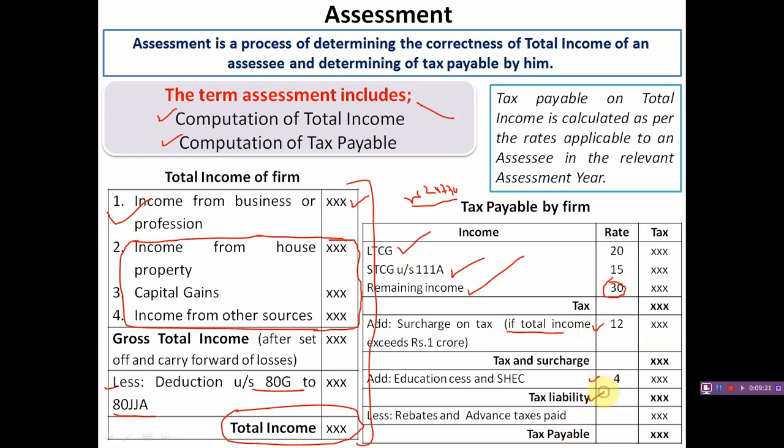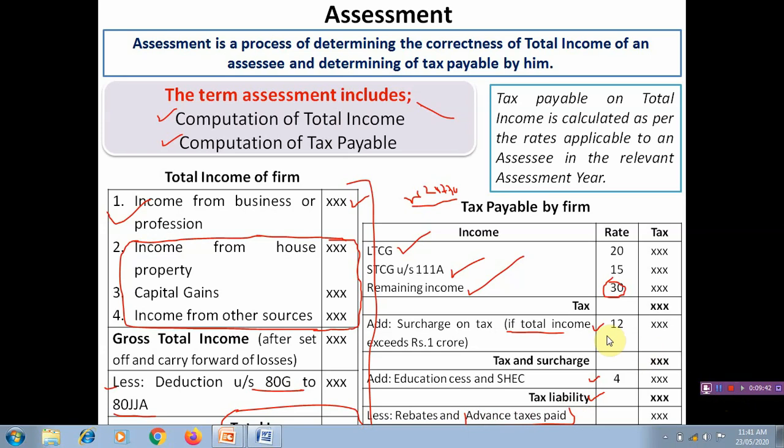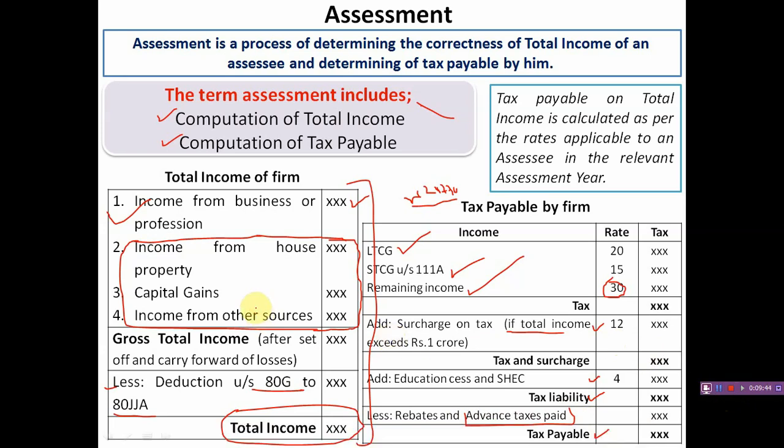After computation of tax liability, we should deduct any advance tax paid by the firm. Then we will get the tax payable by the firm. These are the formats for computation of total income and tax payable by the firm. Students, please note down these formats.